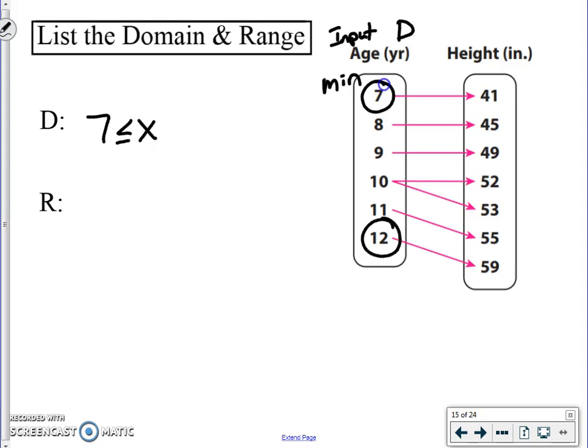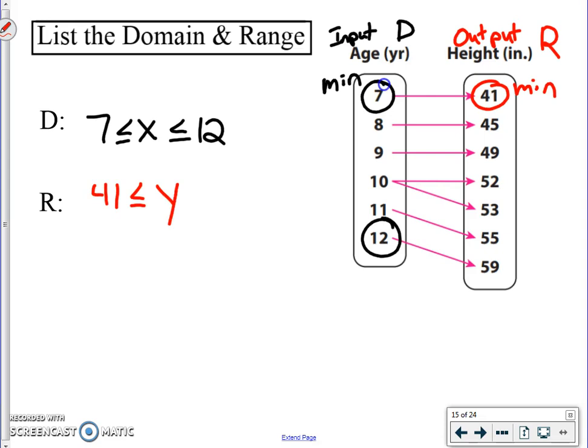My maximum is 12, so I know that x is somewhere between and including 7 and 12. My height here is going to be my output, thus my range. And I can say my range has a minimum of 41, which is less than or equal to my y value, which is less than or equal to my max, which is 59. And that's assuming continuous.